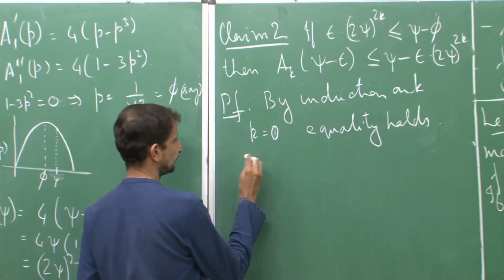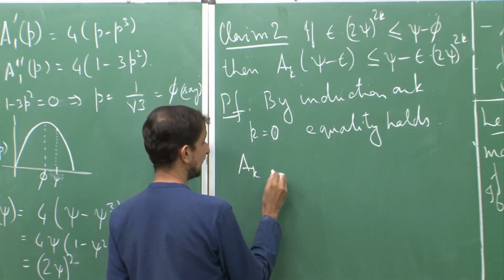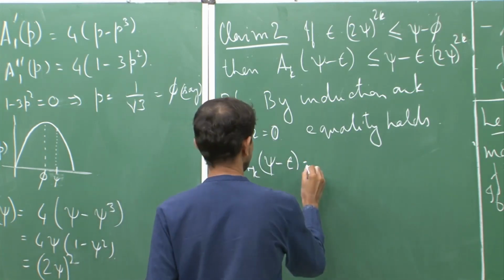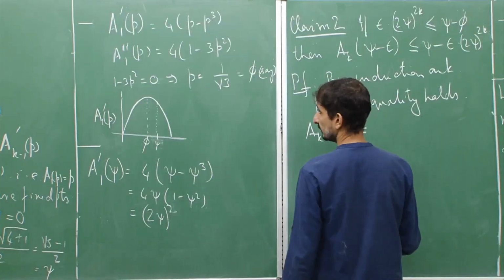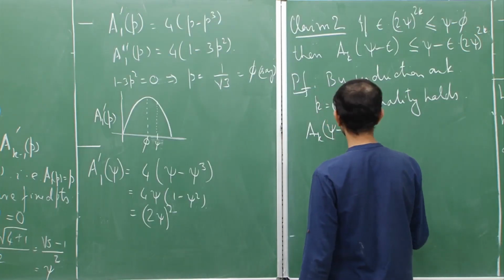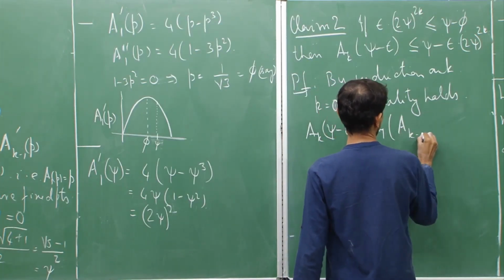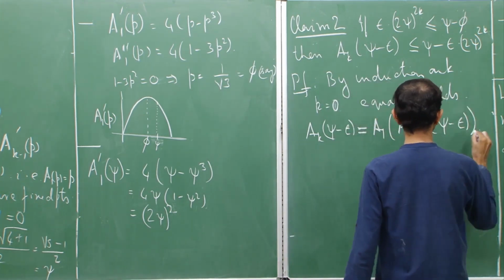Now, assume that it is true for k minus 1. Now let us look at k. So, a_k of psi minus epsilon: first I will use the inductive definition of a_k. So, a_k of psi minus epsilon is nothing but a_1 of a_{k-1} of psi minus epsilon.